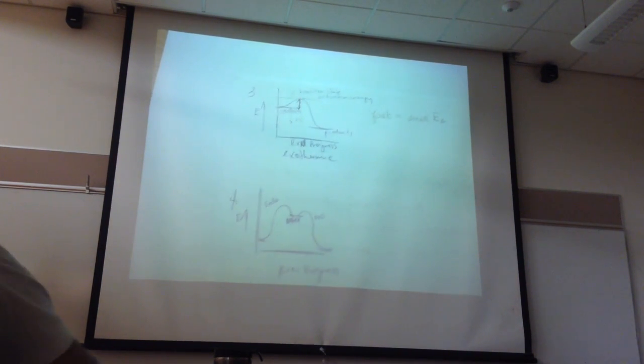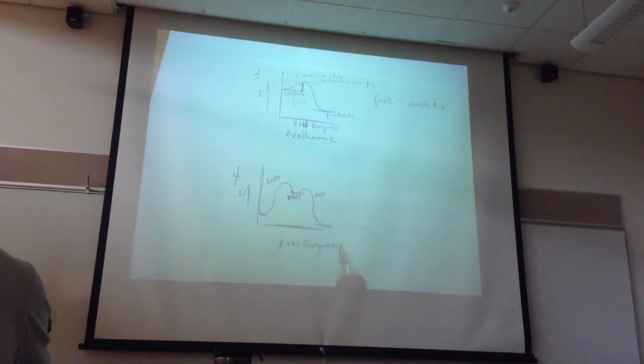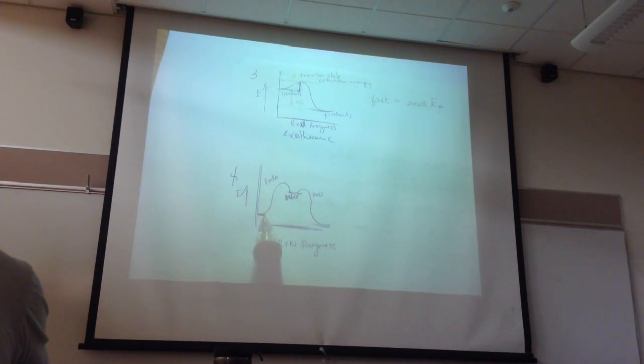So for the second one, I wasn't really specific. The only thing that I really said to do was that it was a two-step, and we wanted the first step to be endothermic. So endothermic is the difference between the energy of the reactants and the energy of the intermediate.